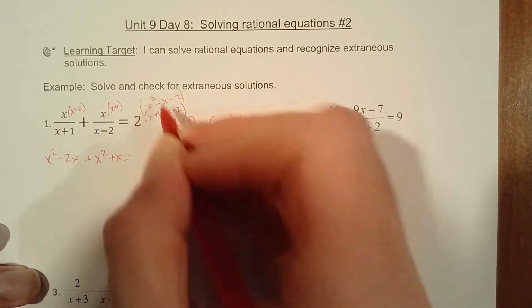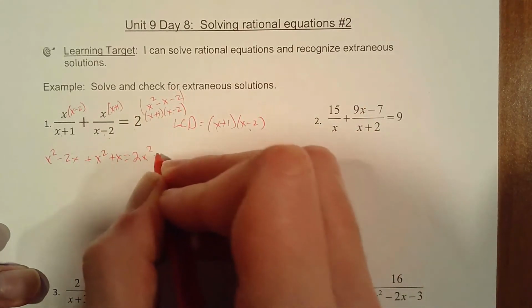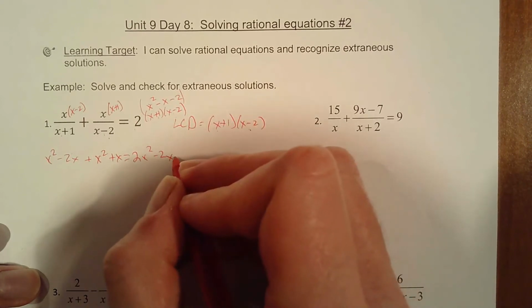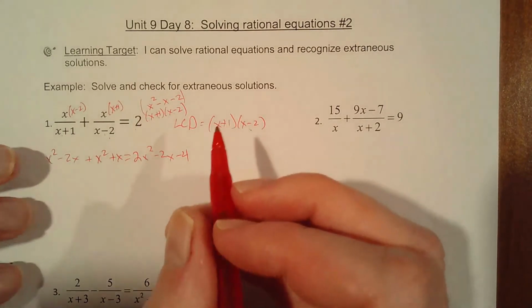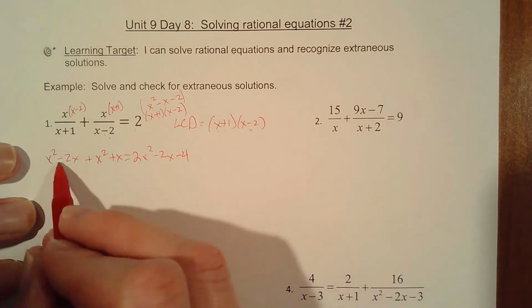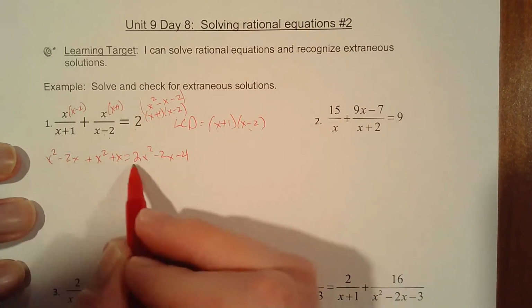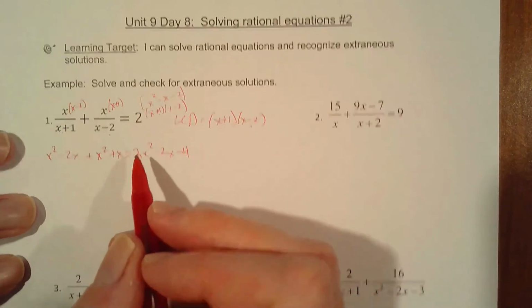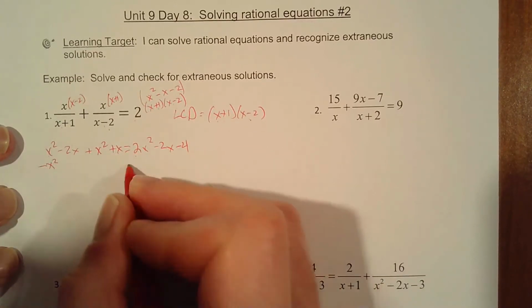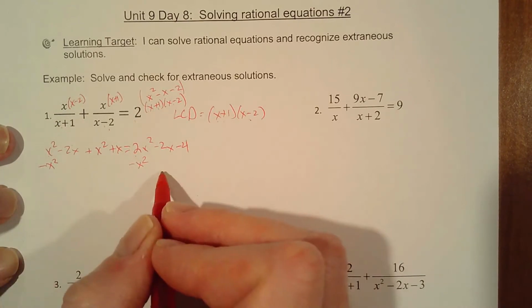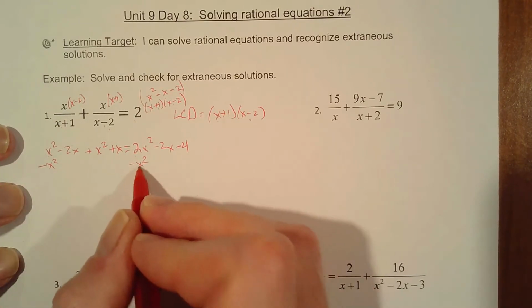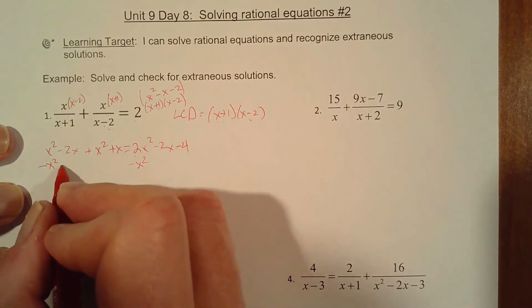I'm actually going to double all of those then, so it would be 2x squared minus 2x minus 4. Okay, so now when I go to solve this, I notice I have x squared on both sides. I'd love to have a positive x squared, so I'm going to subtract x squared from both sides. It means I'm going to be taking everything to the right side now, since that would result in a positive x squared.